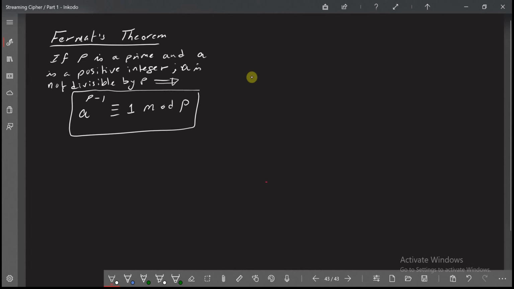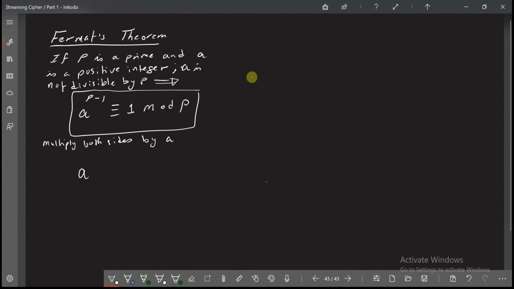And of course there is a variation of this rule. Let's say that we multiply both sides by a, then we have this new relationship.